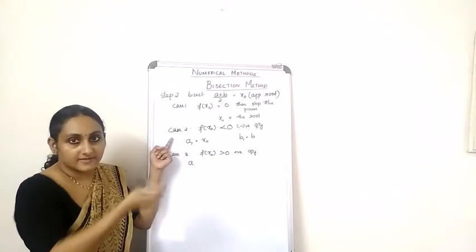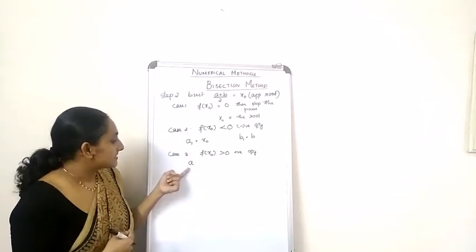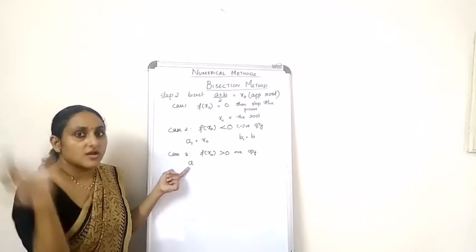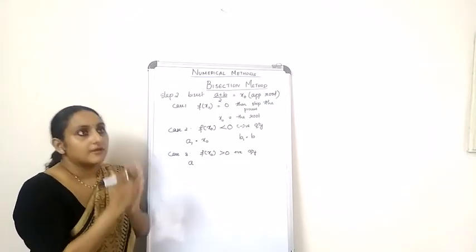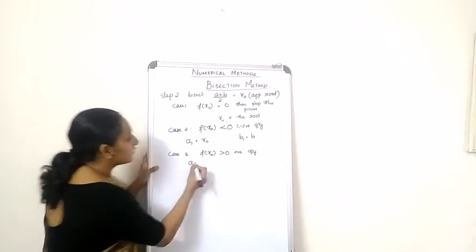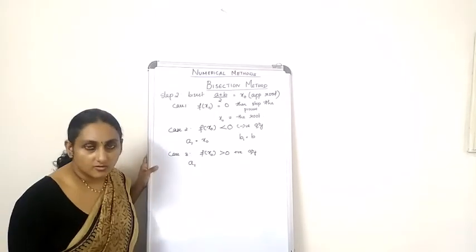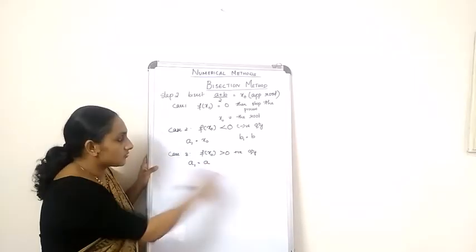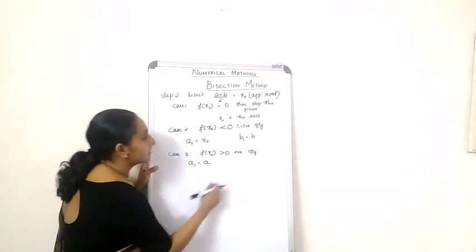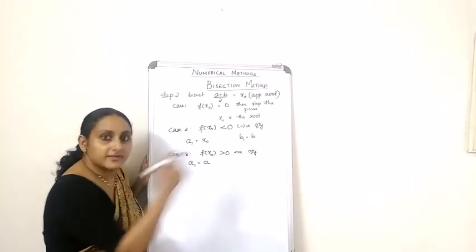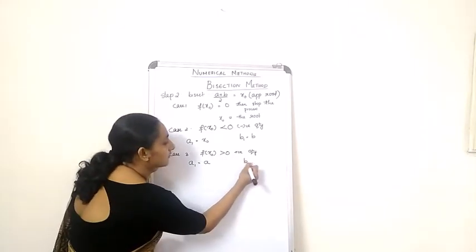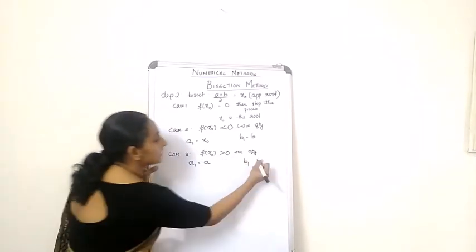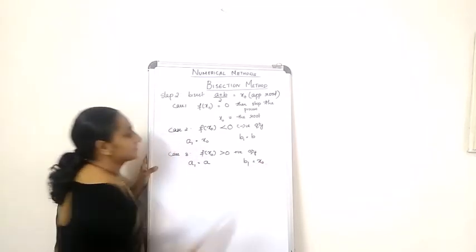That is, there will be no change in the point A, but for the sake of convenience, I am going to denote it as A1, and that is equal to A. I am not going to make any change, and the B point will change. Now here I am going to assign b1 is equal to x naught.